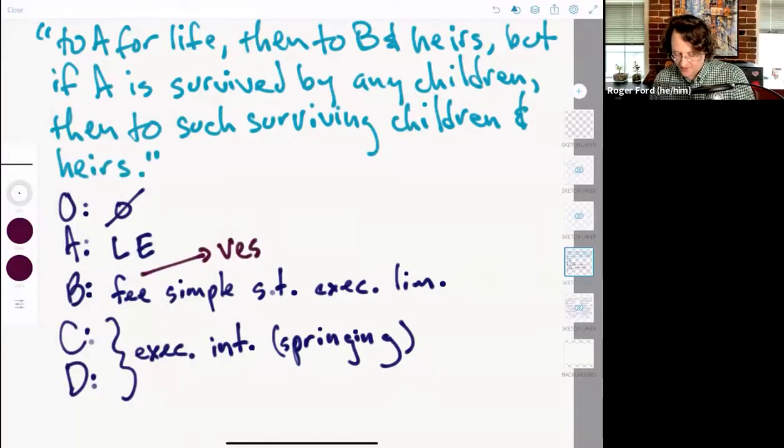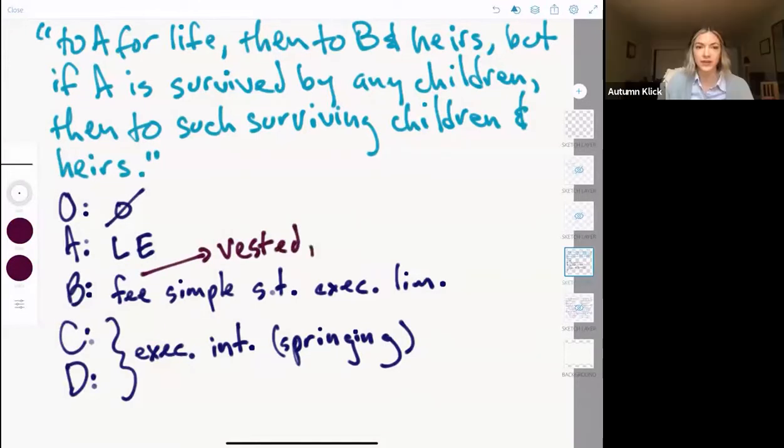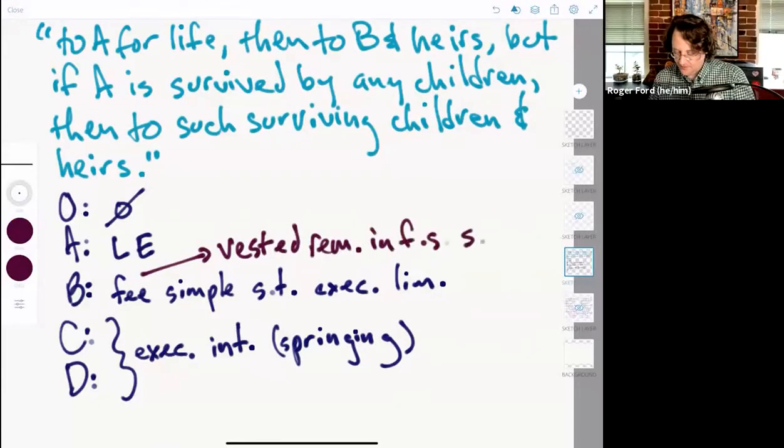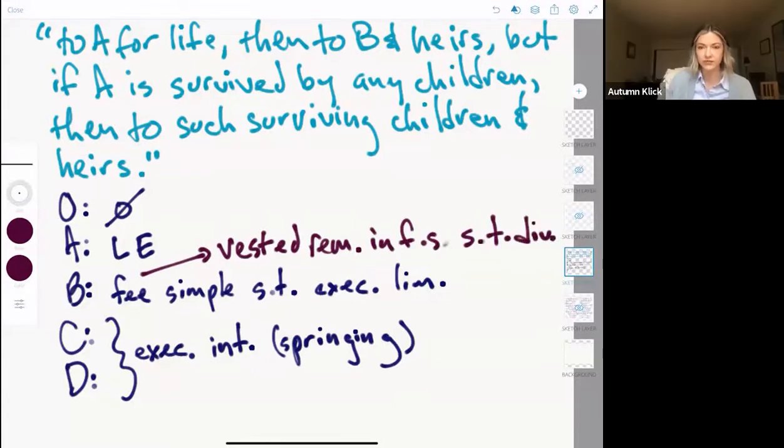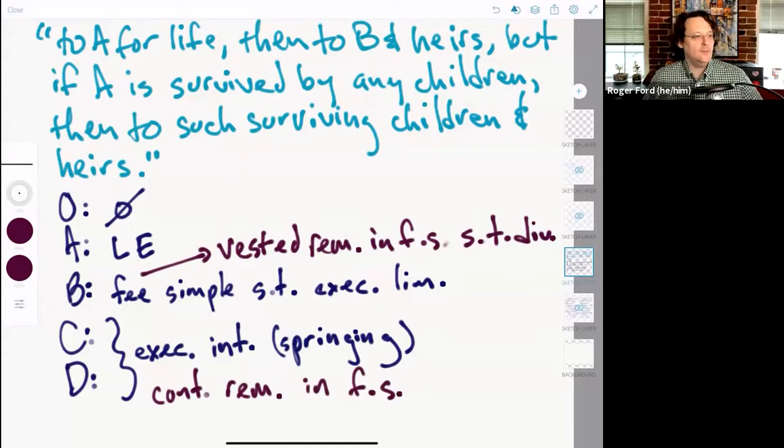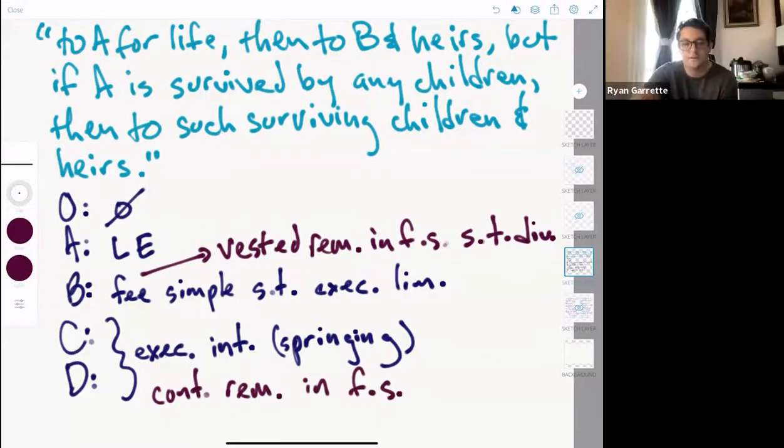B has a vested remainder, subject to divestment, fee simple subject to divestment. And then C and D having a contingent remainder in fee simple absolute. Okay. Mr. Garrett? No, that's what I have.